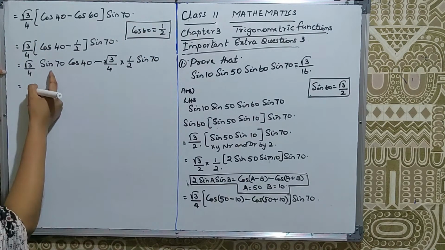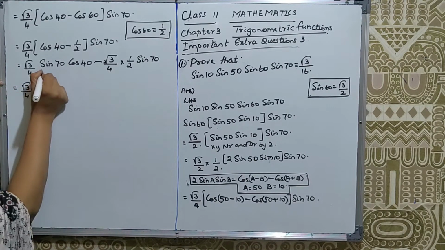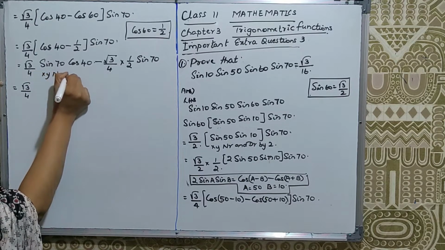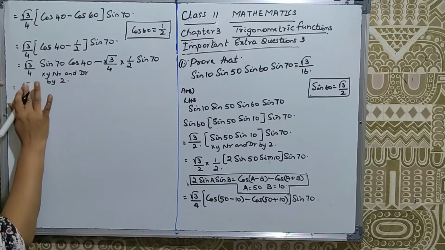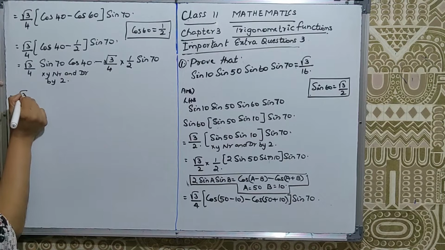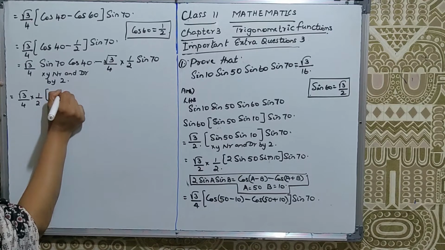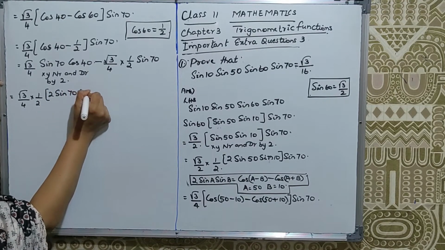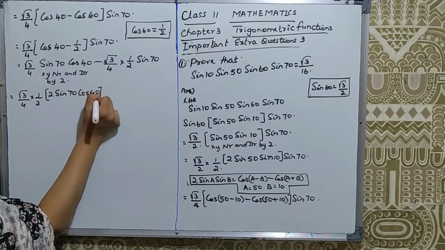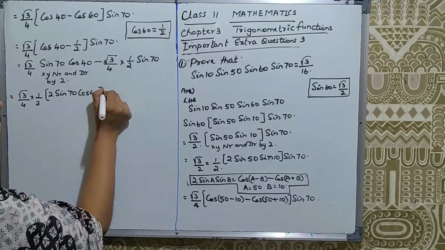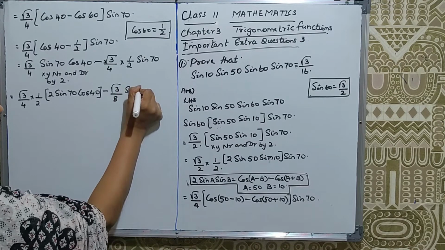Now multiply numerator and denominator by 2. It will be root 3 by 4 into 1 by 2 into 2 sin 70 cos 40, again minus root 3 by 8 into sin 70.